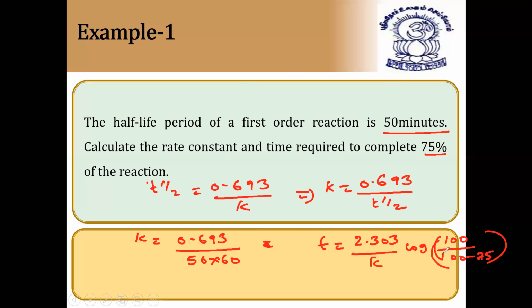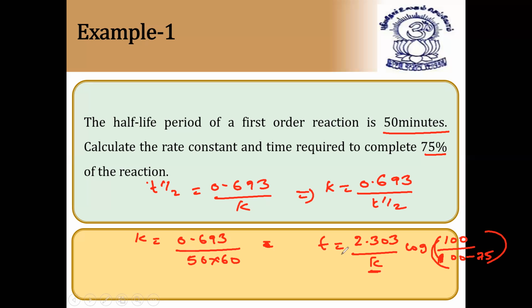Whatever value of K you got, you substitute it here. So this is a two-step sum. First step, from T half you can find K directly, K is equal to 0.693 by T half, that is 50 minutes. So 0.693 by 50 into 60, you get the K value.